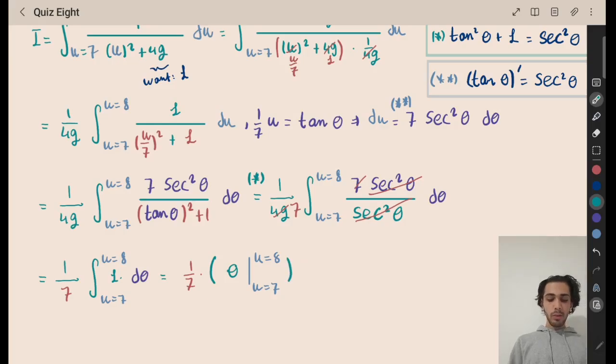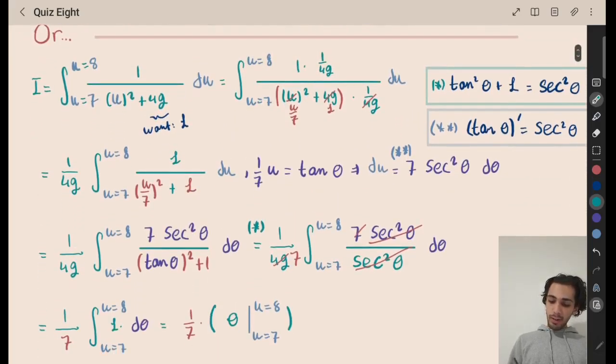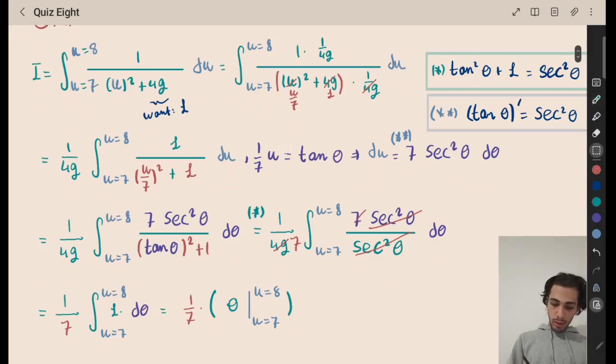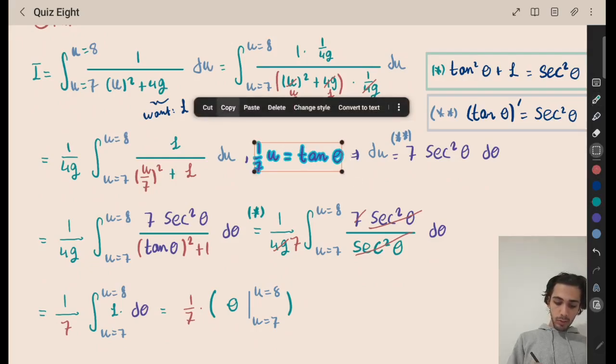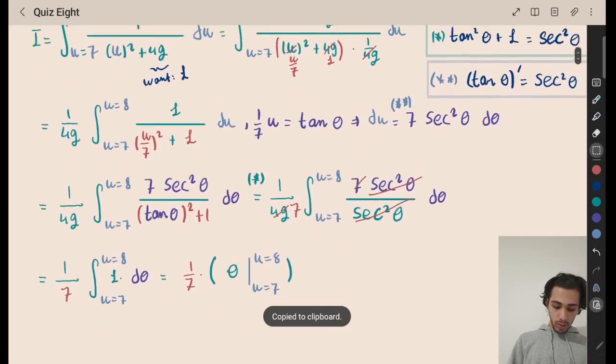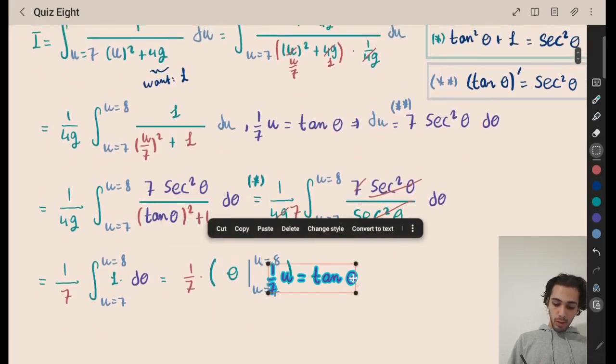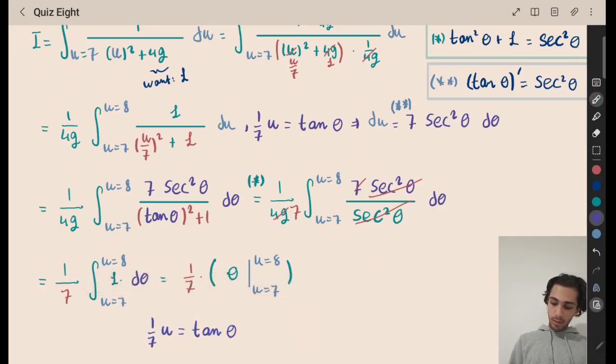But what is theta? Well, we know that tan theta is 1 over 7 of u. Then probably, if I want to isolate theta, then tan inverse of 1 over 7 of u, which I'll write as u over 7, is equal to my theta.